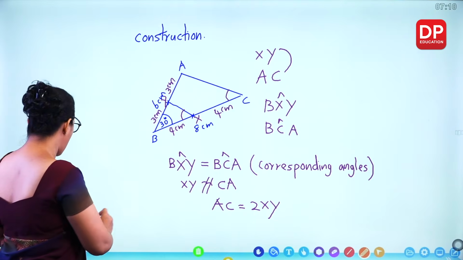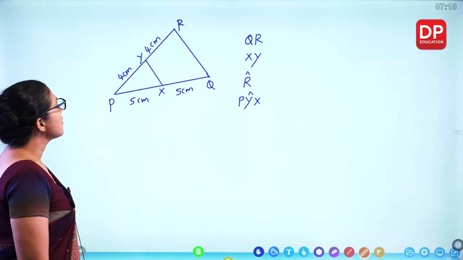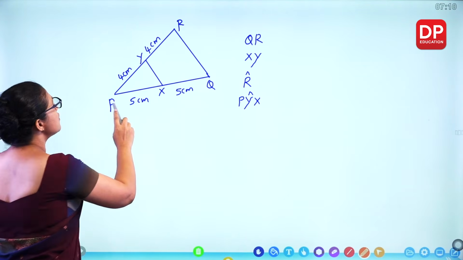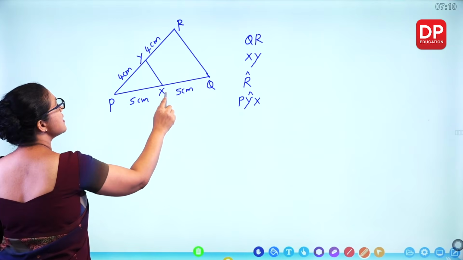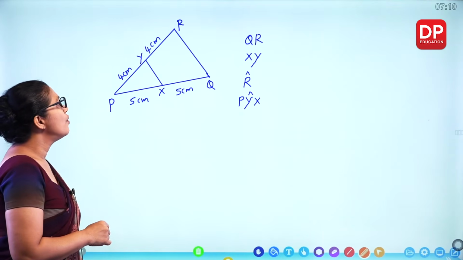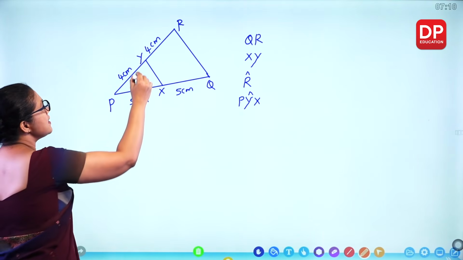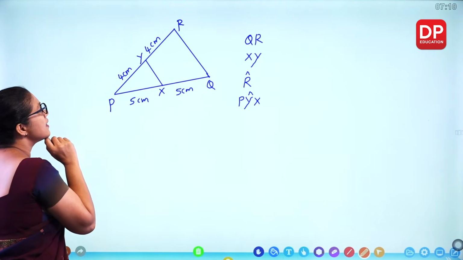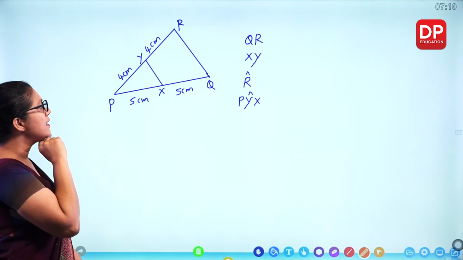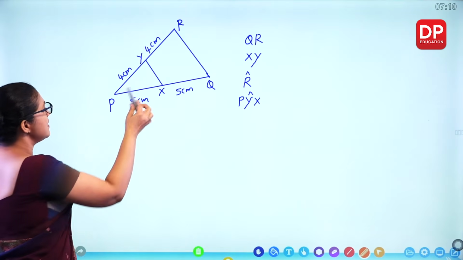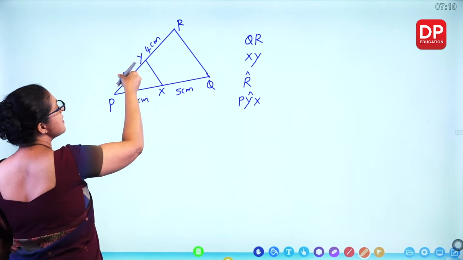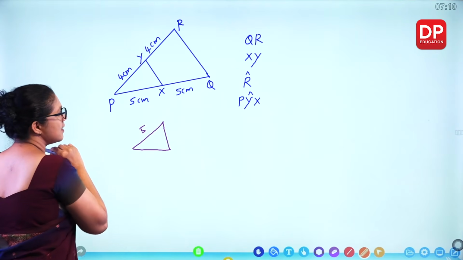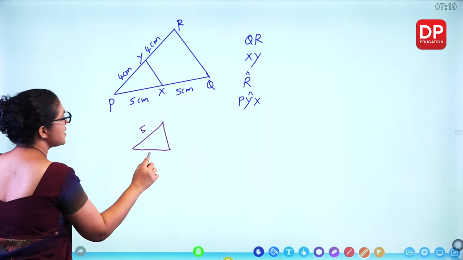We'll take another one. You are given triangle PQR. This length is 5 centimeters, 5 centimeters, and this is 4 and 4. When you construct this triangle, you will realize this is like the hypotenuse of a right angle triangle with hypotenuse 5 and one side 4.